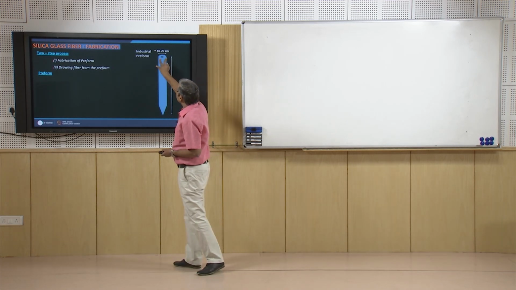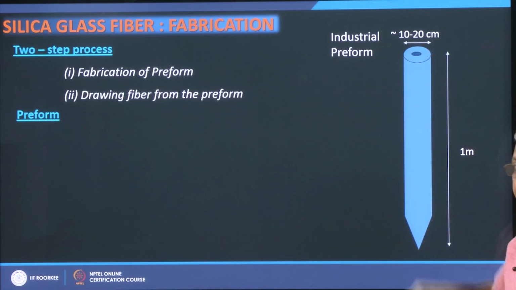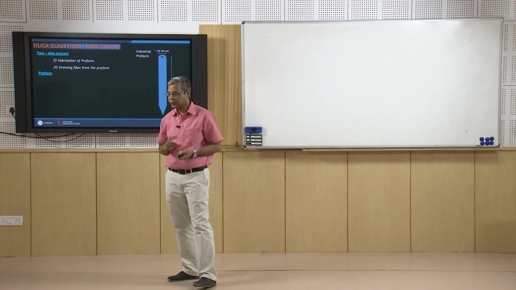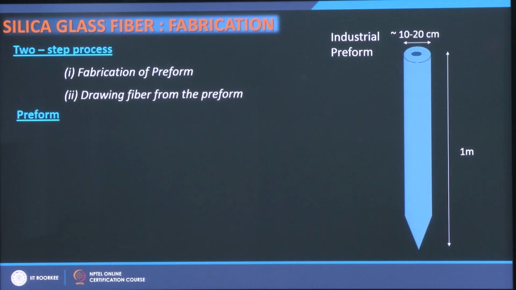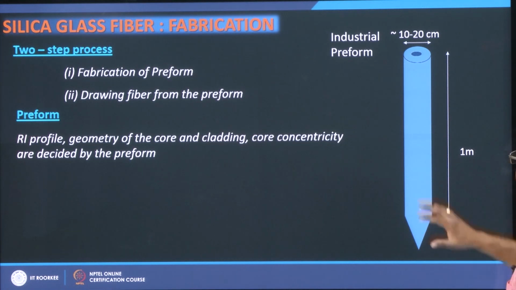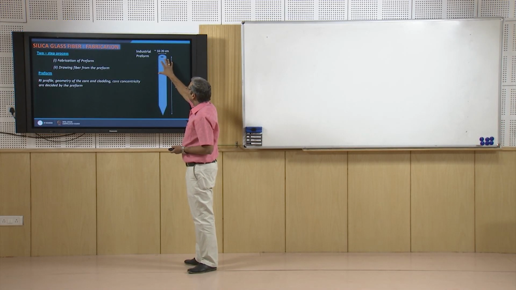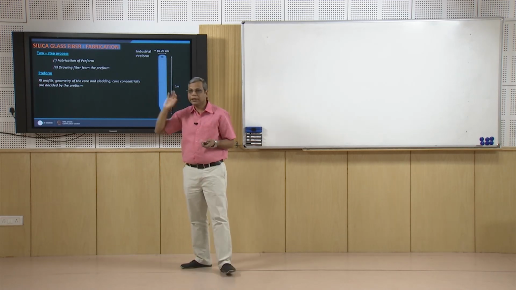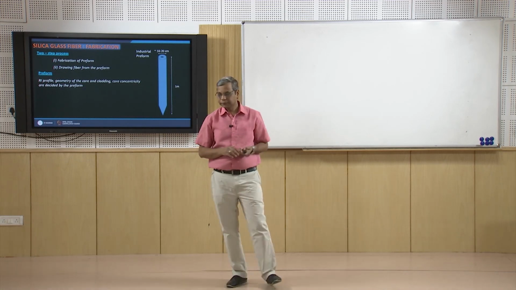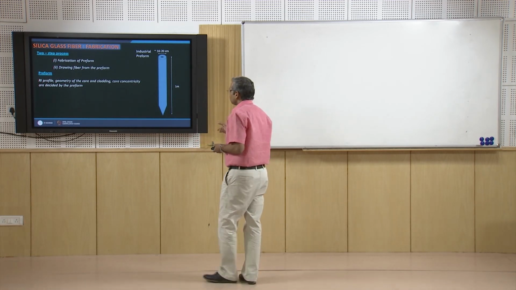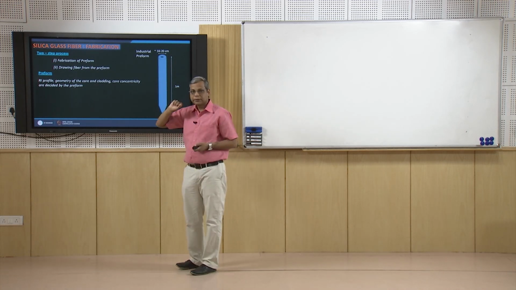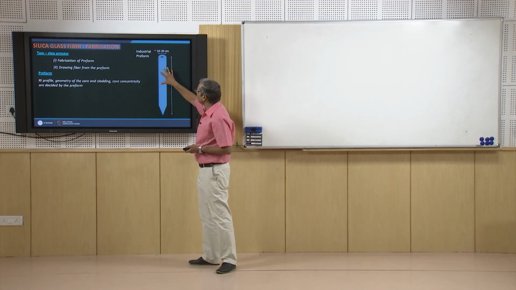The dimensions are, this can go from 10 to 20 centimeter and the length can be 1 meter for an industrial preform. And when you draw fiber out of this, then this structure is retained over kilometers of lengths. So, the quality of the fiber now depends upon what is the quality of this preform.